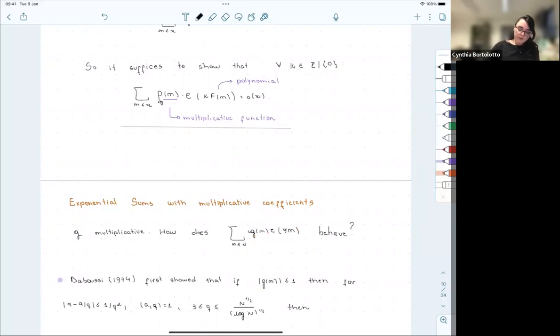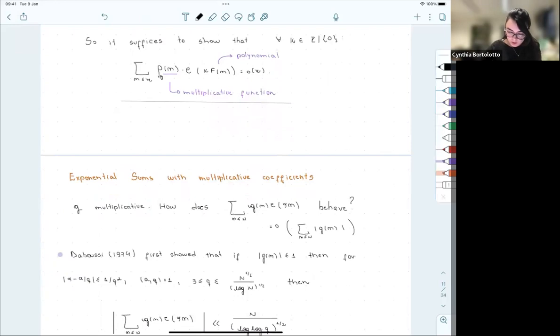Can we say, for instance, that this is little o of the sum? This is an ongoing area of research, so I'll just cite a few results.